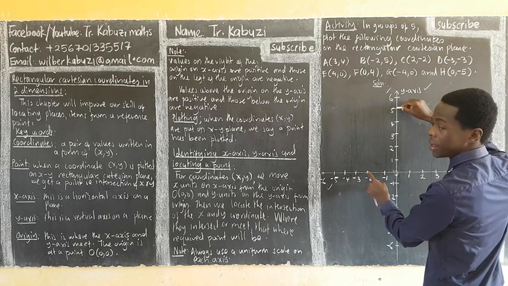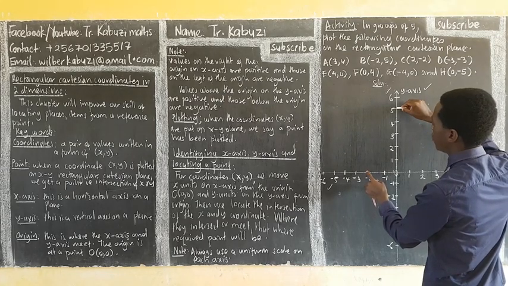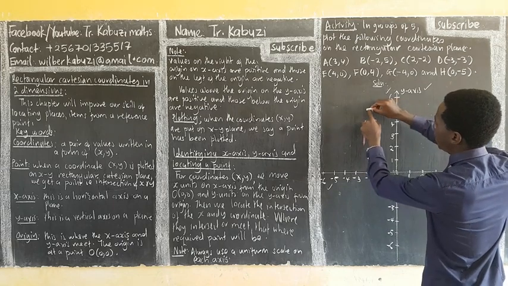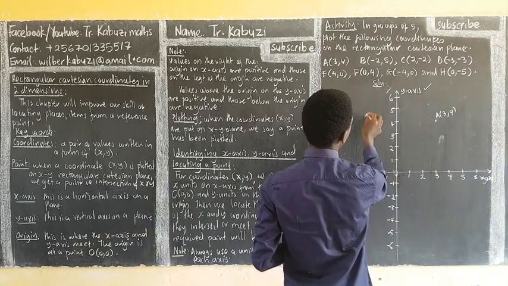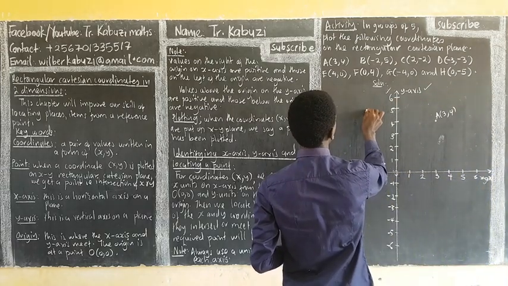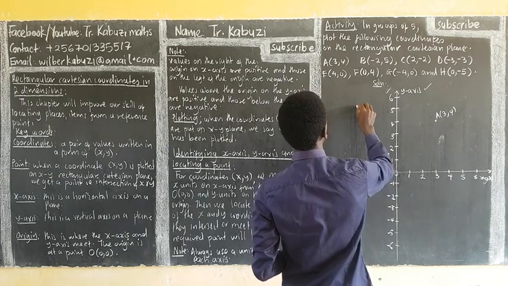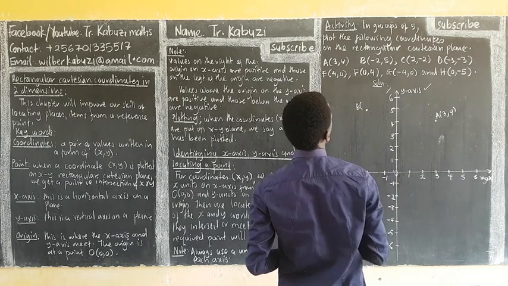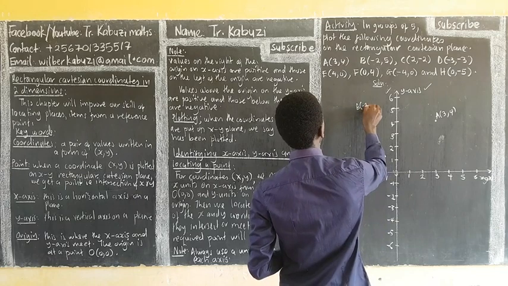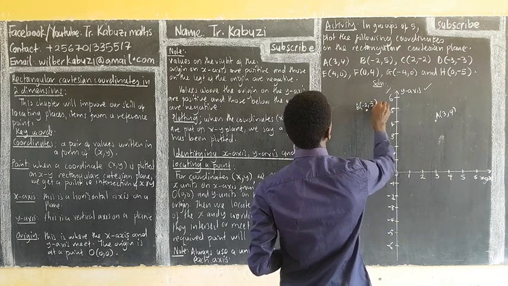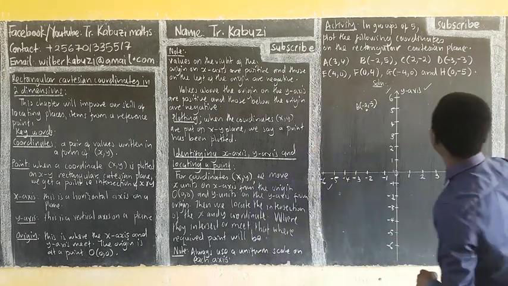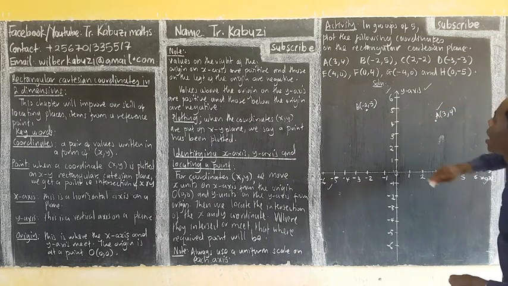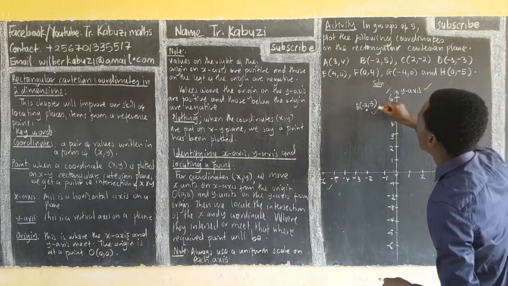What are we remaining with? The intersection. They are intersecting here, so this is where our point will be. This is going to be our point B, and you put the coordinates: negative 2, 5. Whoever did this, you give a tick there, and you also give a tick there.